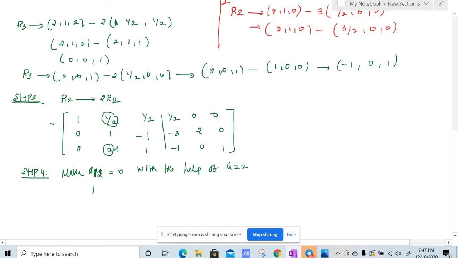So what we need to do is R1 is equal to 2 times R1 minus R2, right? So when I multiply 2 here, 2 by 2 will be 1, and if you subtract this with the element, this will be 0.